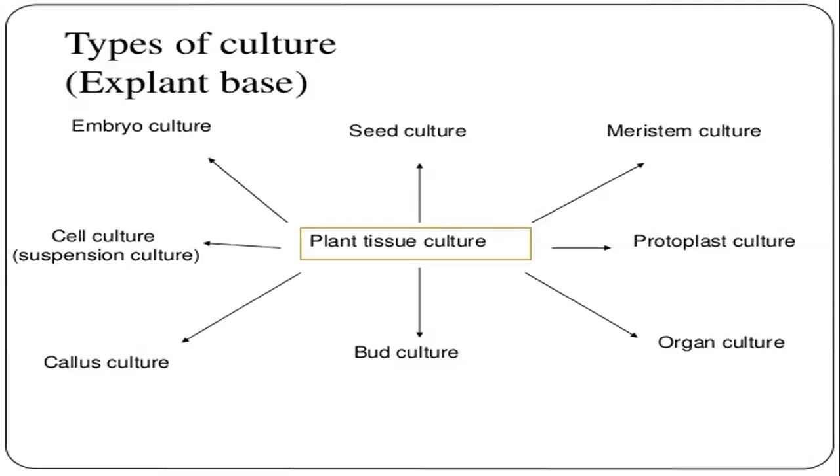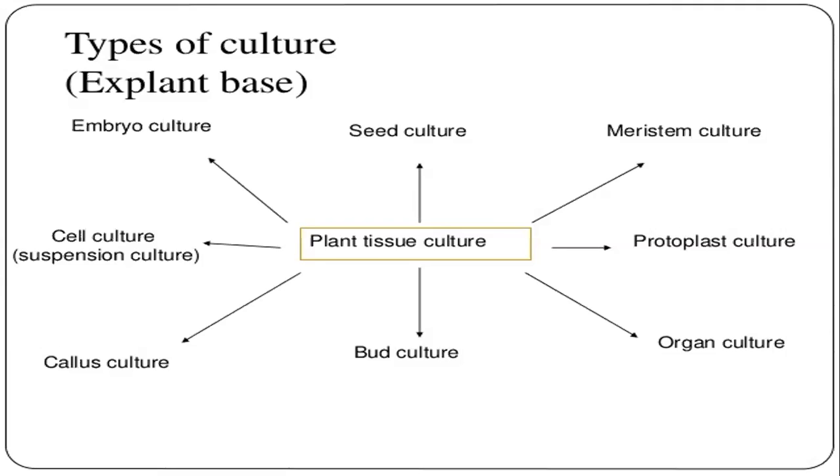Then seed culture, in some cases it is used. Meristem culture is again one of the important techniques involved in plant tissue culture, in which only the meristematic region of the plant can be used for the culturing.